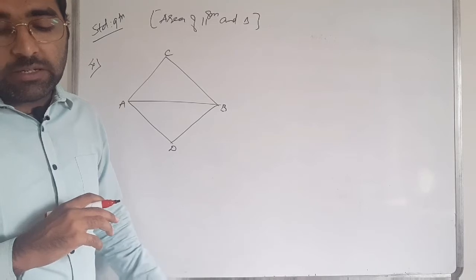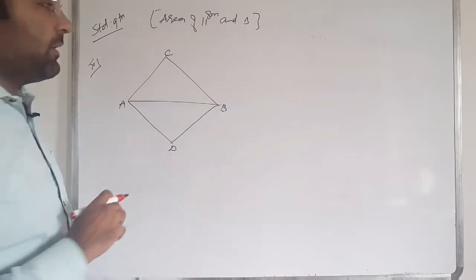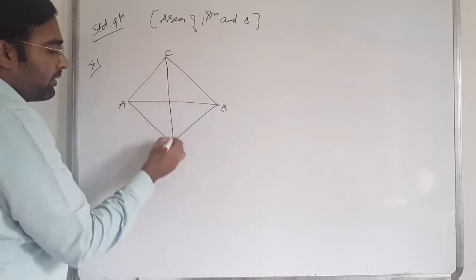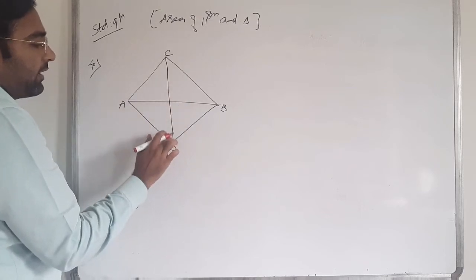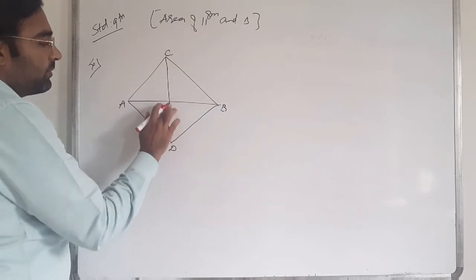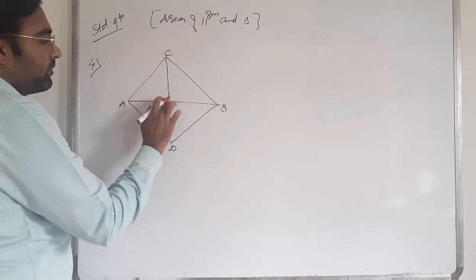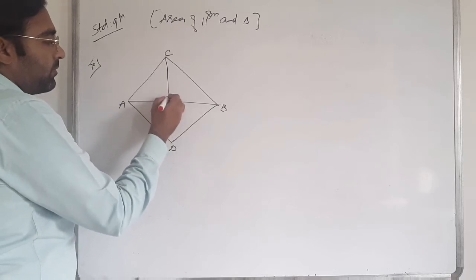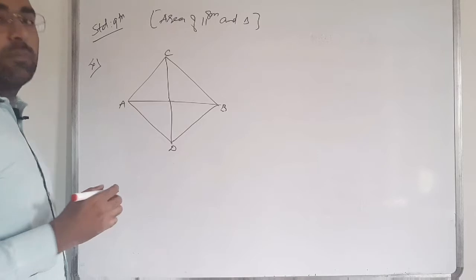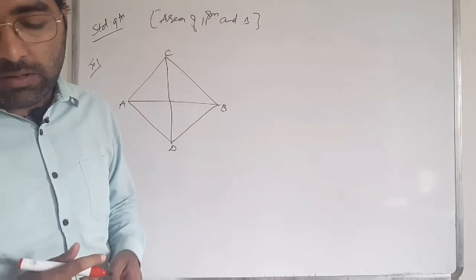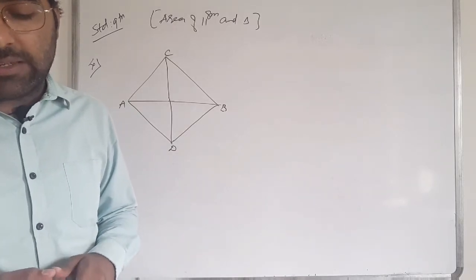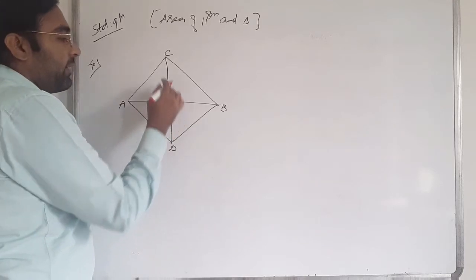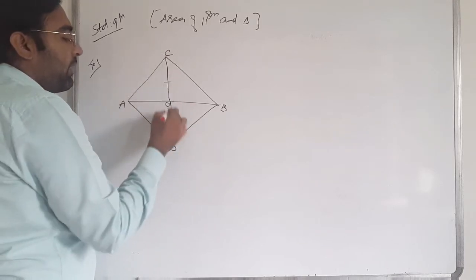If line segment CD is bisected by AB, then AB bisects the line segment CD into two equal halves.